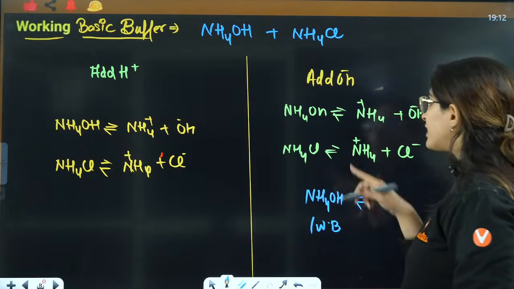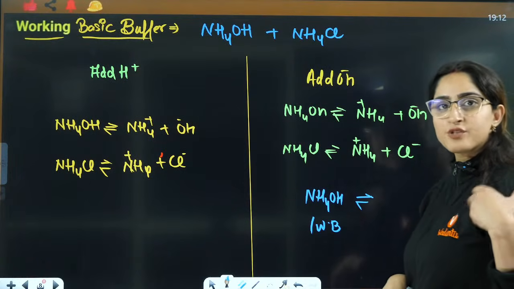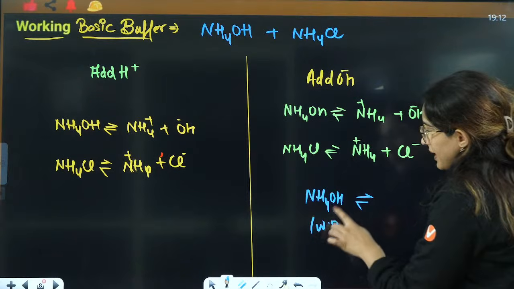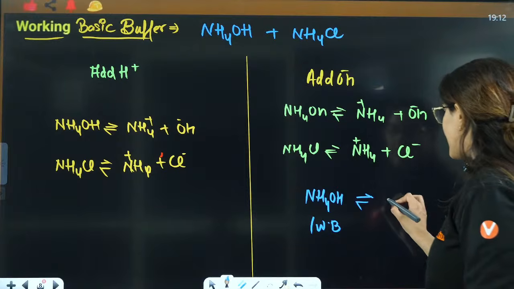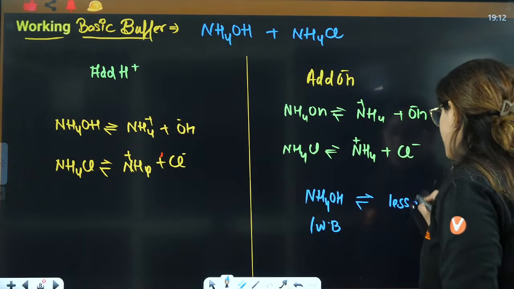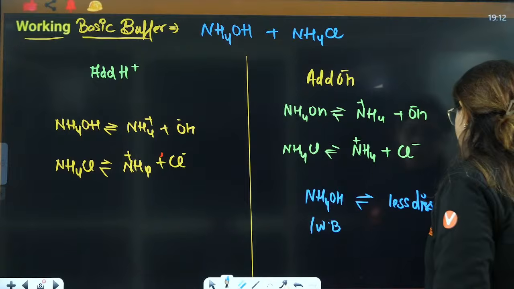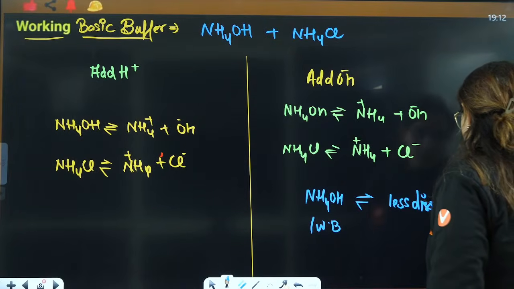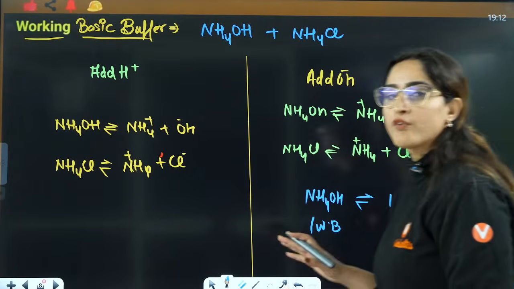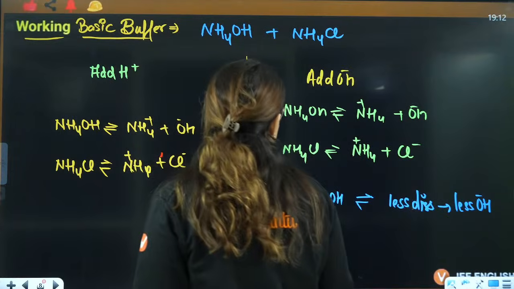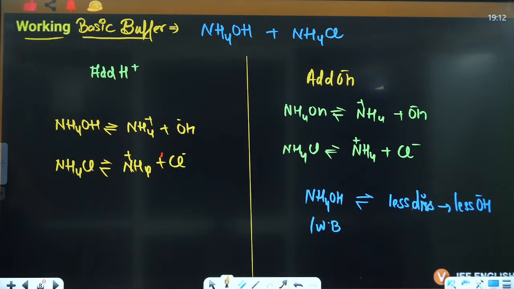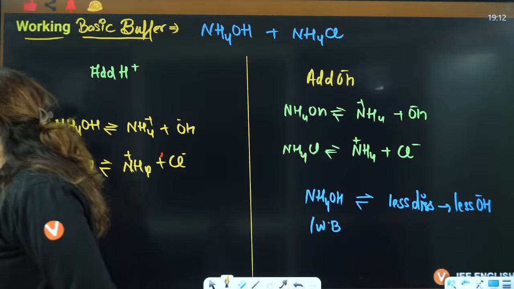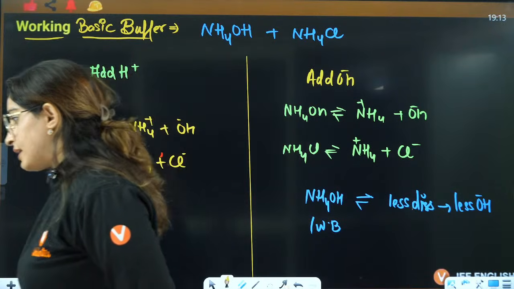So you have added OH negative thinking that the pH will increase, but it will be taken by NH4OH, and that is the reason for less dissociation, and less OH negative will be produced here. That is why the overall change in pH is 0. Right, everybody?